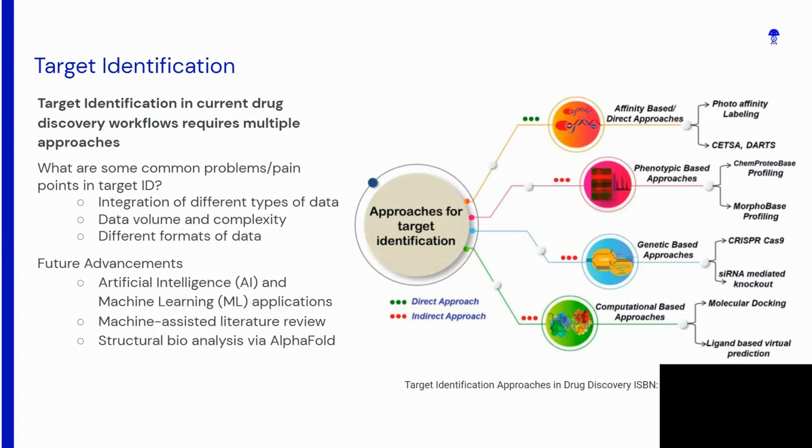In addition, of course, the main goal for understanding a target is to, in some sense, physically look at the target and know where you can attack it in order to reduce its effect. And that structural biology used to be something that had to be done manually. Now you can use tools like AlphaFold to speed up your analysis of the structural biology of a particular target and where you might want to attack it. So there's a lot of potential in this field.